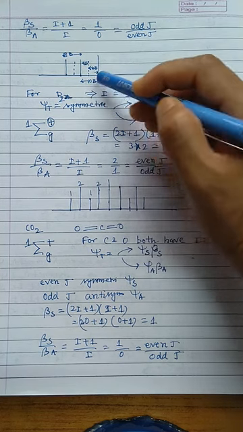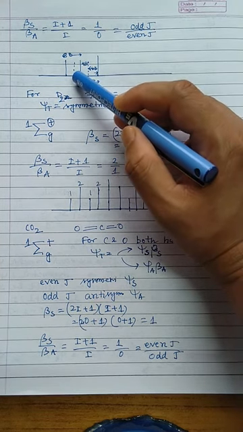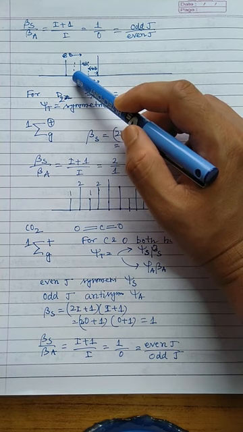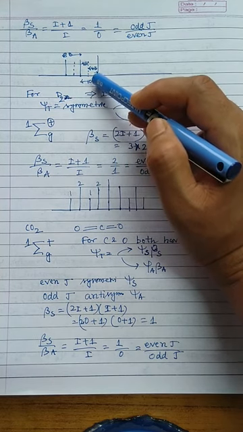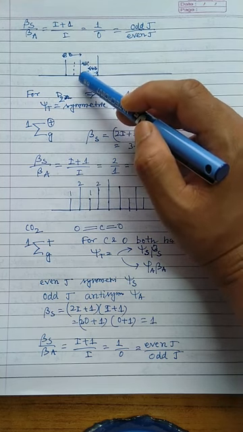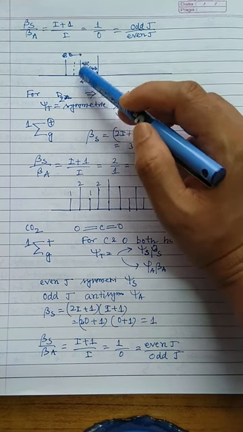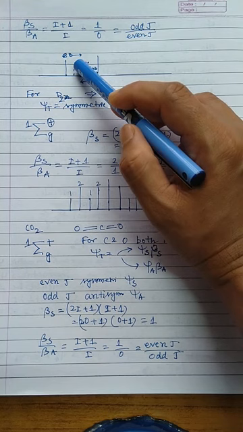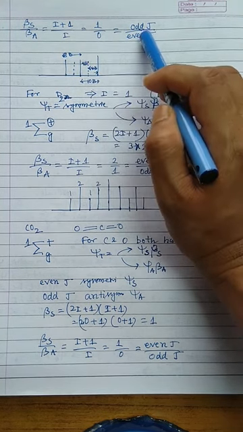This is for the 0 to 2 transition, which will not appear. So the 1 to 3 transition will appear, and then 2 to 4 will again disappear from your spectrum because even J has zero intensity.